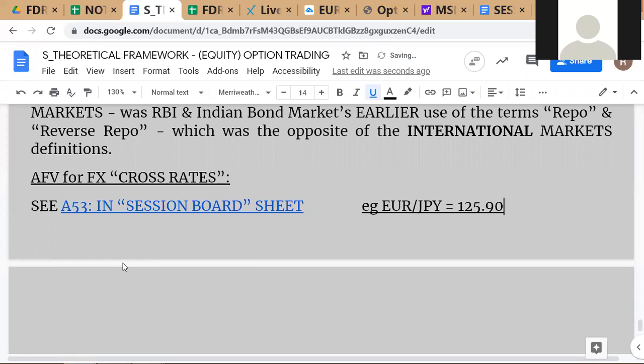All right, so that means that 1 euro is equal to 125.90 JPY. Okay, so or we can write mathematically.